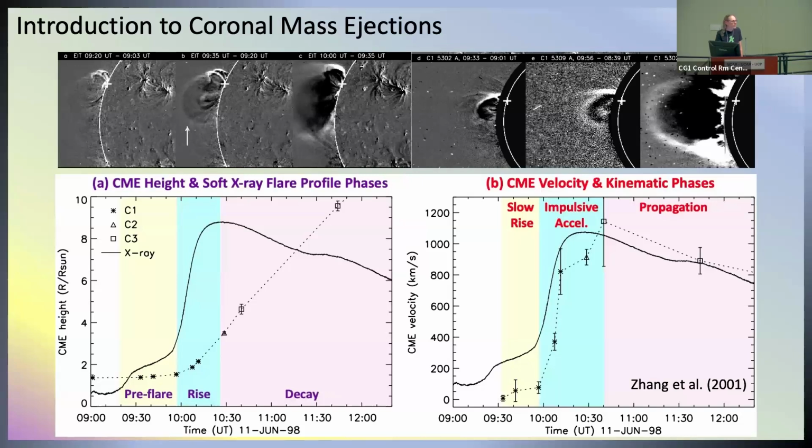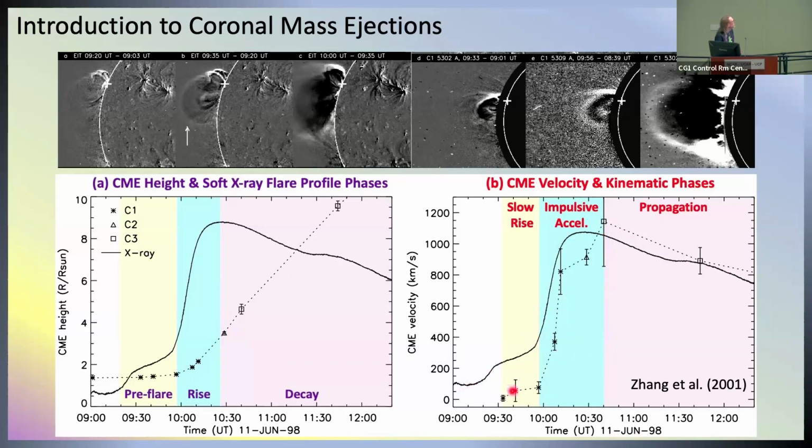Not really. It looks kind of the same. For the CMEs that are not associated with flares, they tend to be the slower ones, and so it would look basically the same scaled down by a factor of 2 or 3 or something.